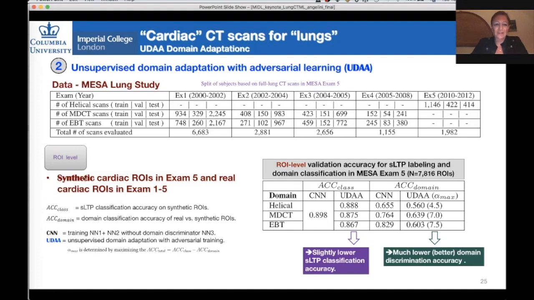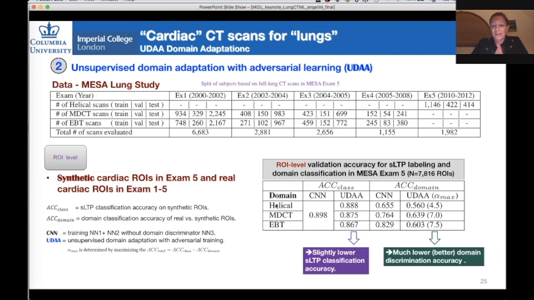This is really at the ROI level, and we looked at 2 things: the classification accuracy, which is the SLTP classification accuracy on synthetic ROI, and the domain accuracy, which is the domain classification accuracy on real versus synthetic ROI. And here we compared UDA to the alternative approach to see the effect of this domain adaptation.